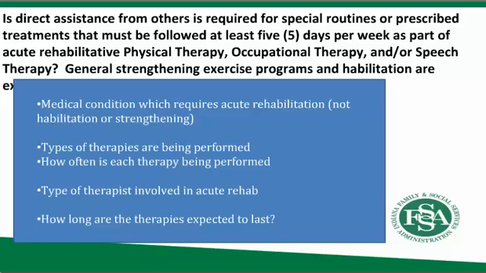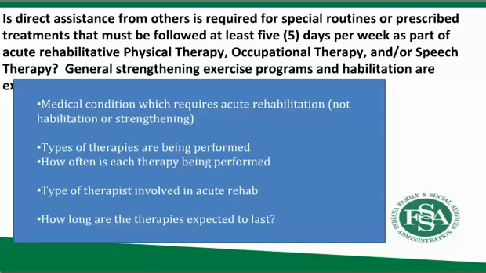So this first one is in reference to the acute rehabilitative therapies that we mentioned earlier as one of the skilled needs that might qualify a person for nursing facility level of care. And again, you'll note that general strengthening exercise programs and habilitation are excluded.